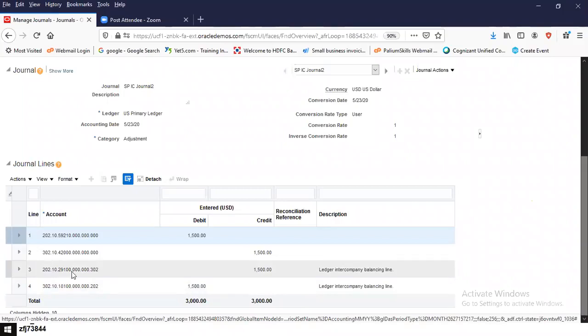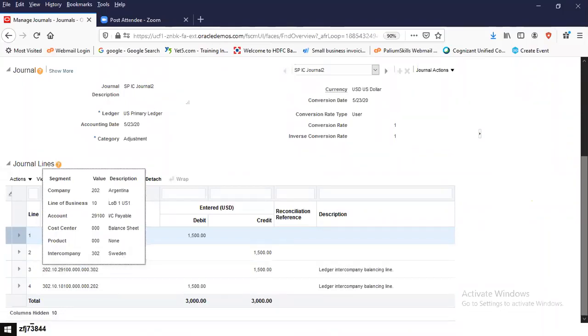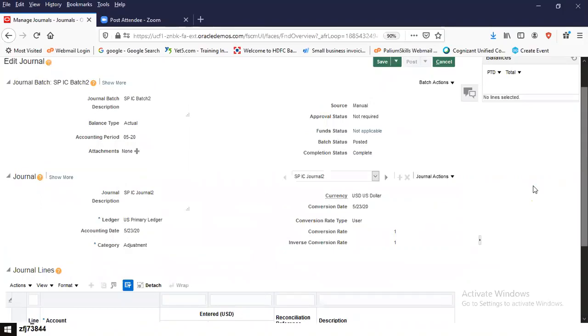It is what you have defined at the rules level. Got it?